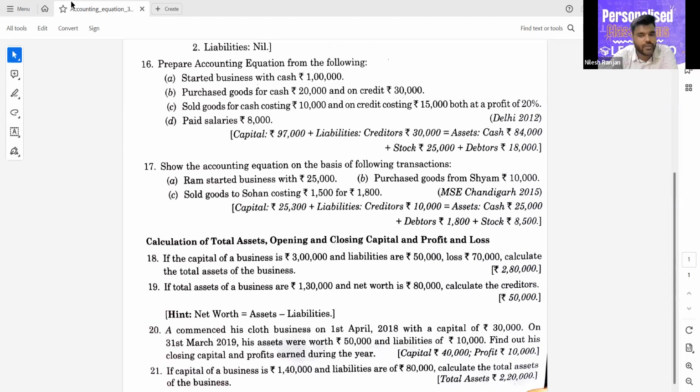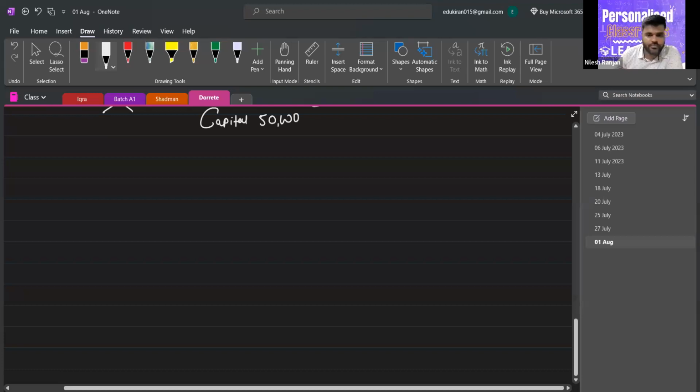Now find out the closing capital and profit earned during the year. For closing capital, the formula for capital is assets minus liabilities. Okay, you are trying to solve. No, sir, I'm writing that down.